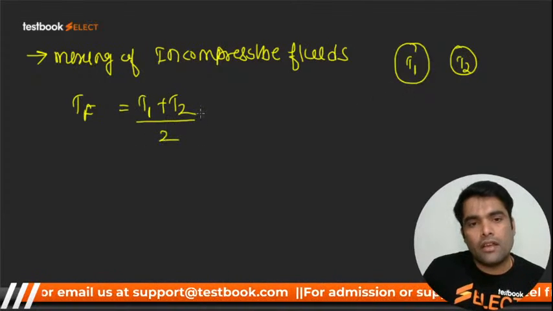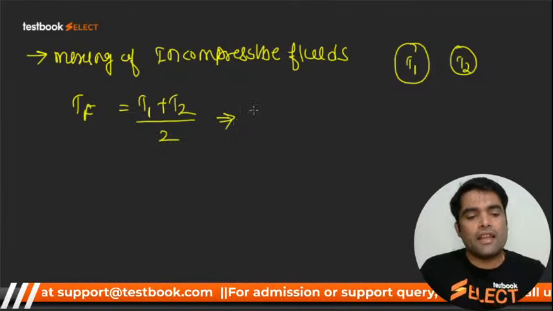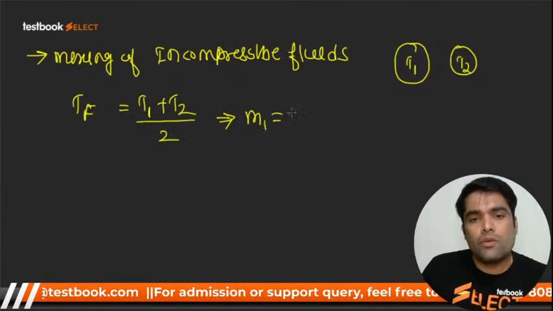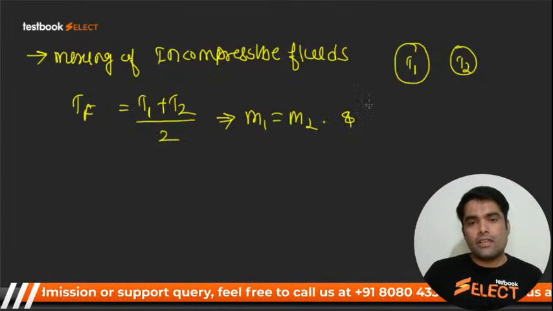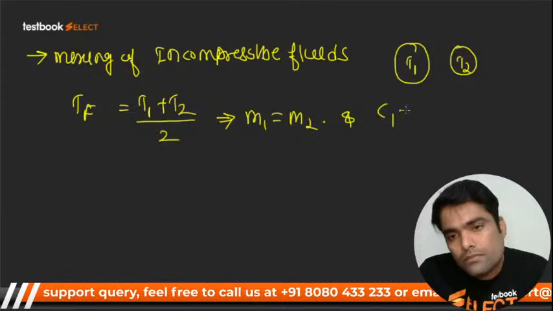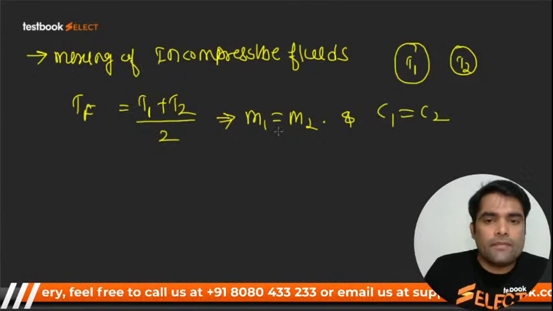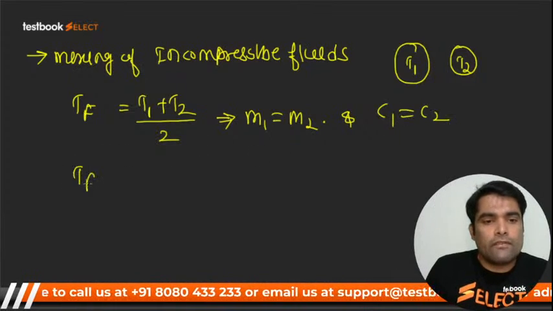It is only when M1 is equal to M2, they have the condition, and my dear, what? And C1 is equal to C2. Otherwise, if it is not equal, then TF will be what, my dear?